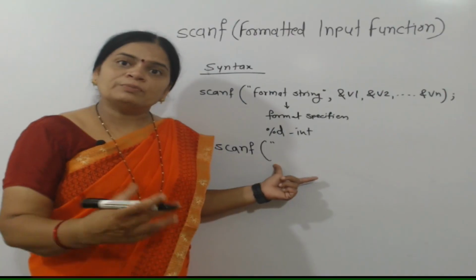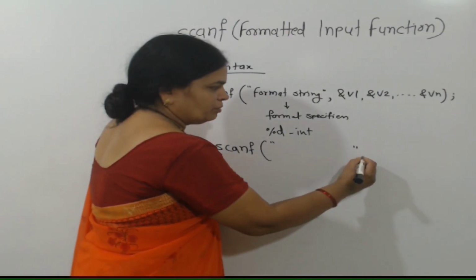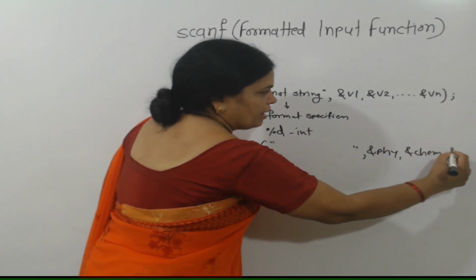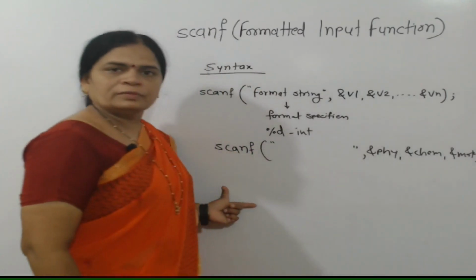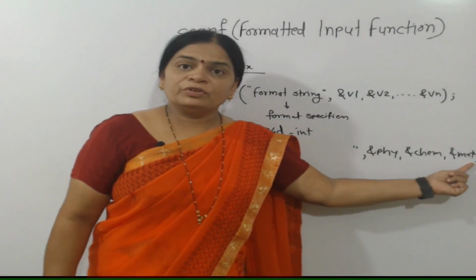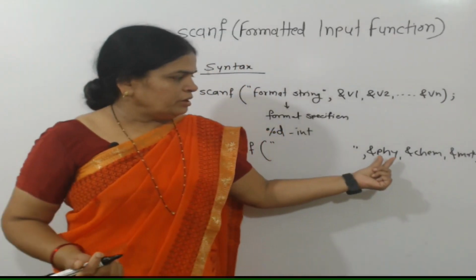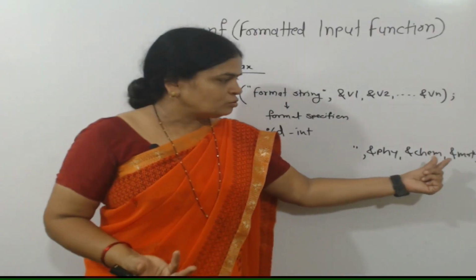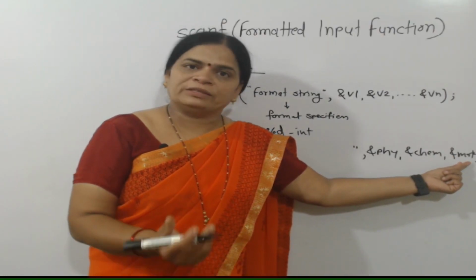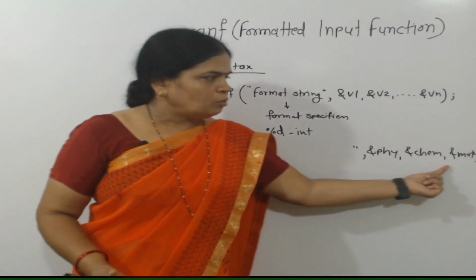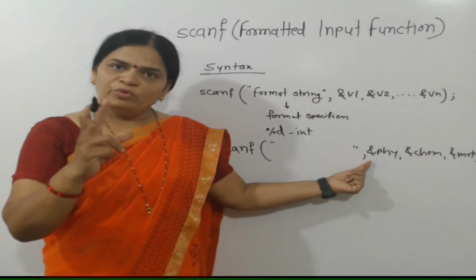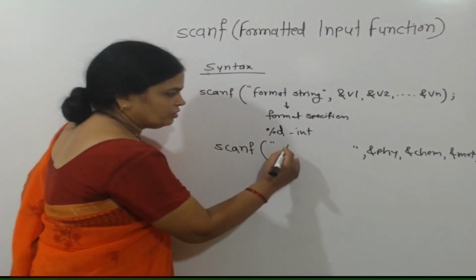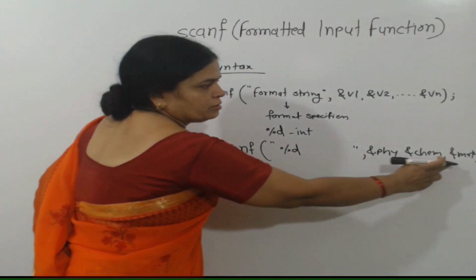Consider the variables for the marks are PHY, then CHEM and math. Suppose these are the variable names which you want to input from the user. So the variable names are PHY, which will contain the physics marks, CHEM, which will contain the chemistry marks, and math, which will contain the marks of math. So these variables we have to input from the user, so the names of those variables you have to write after the comma. And in double quotation you will be writing the format specifiers for these variables.